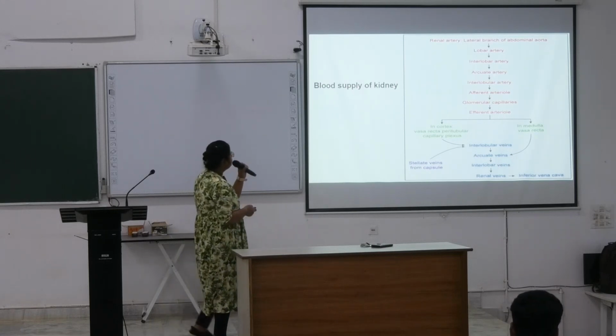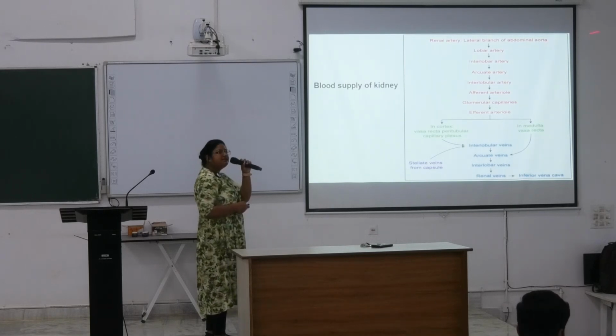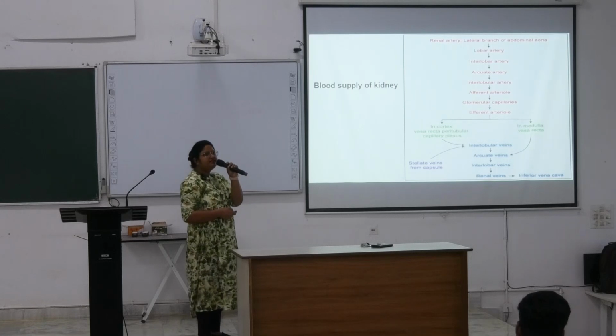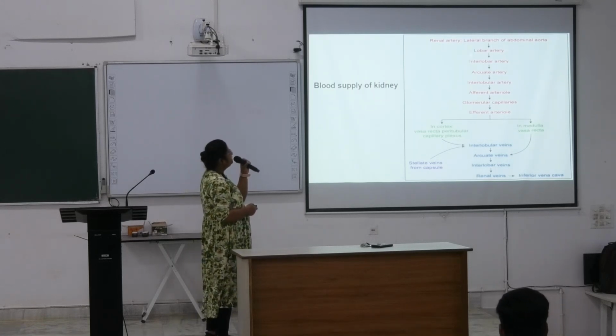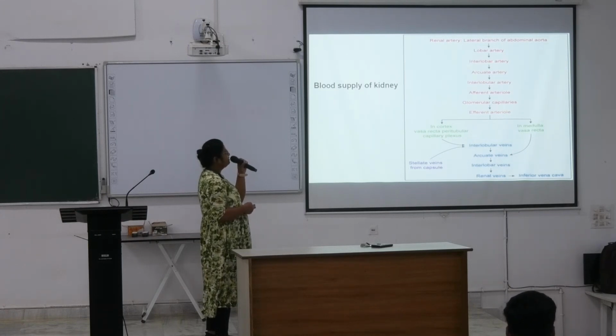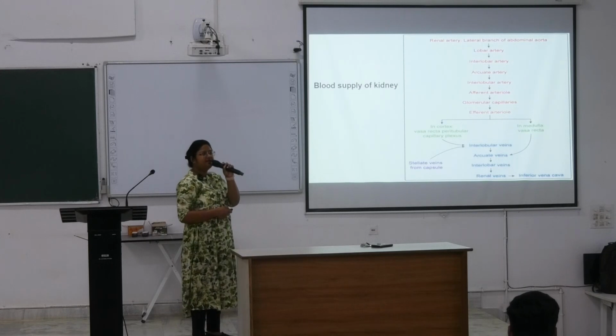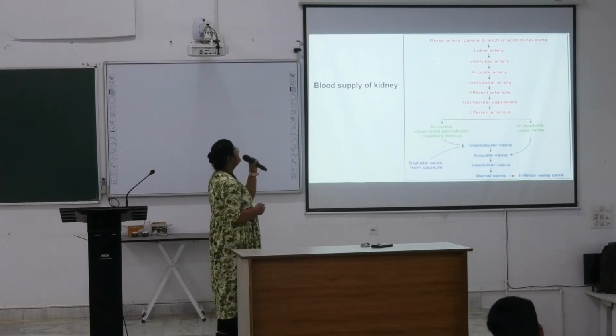So you remember this flow chart. The renal artery is a lateral branch of the abdominal aorta. In the dissection class you have seen the renal artery, and from the renal artery it gives the lobar artery. For each lobe or segment of the kidney, there are 5 segments in each kidney, one artery for each segment.